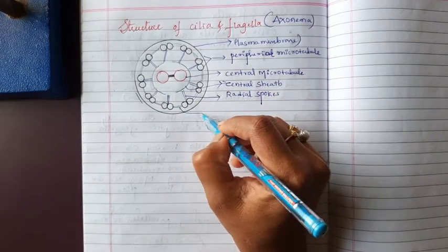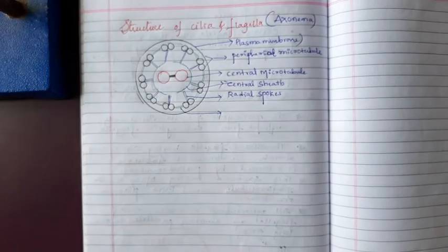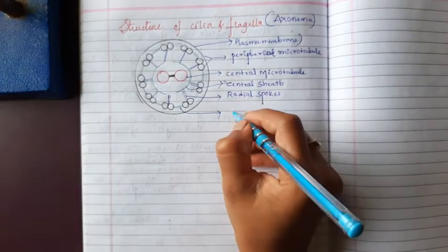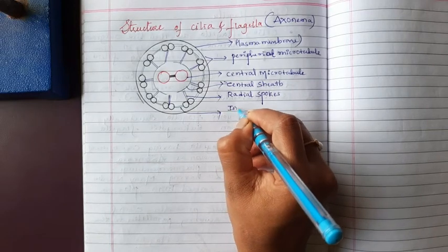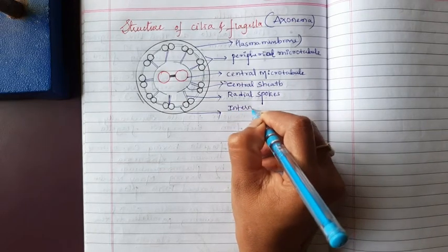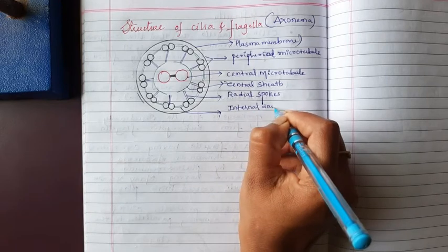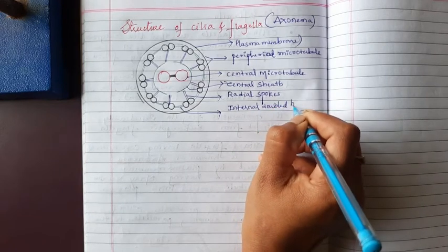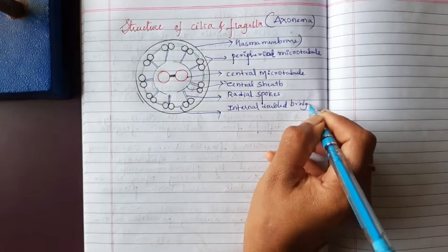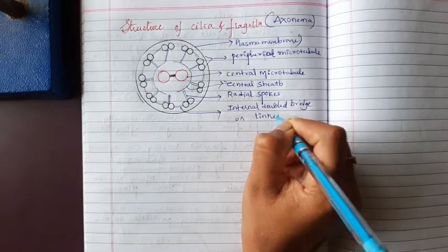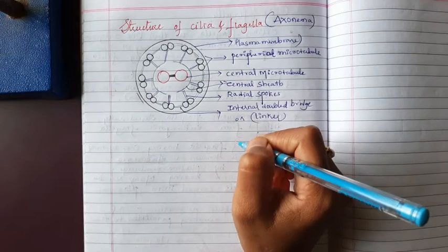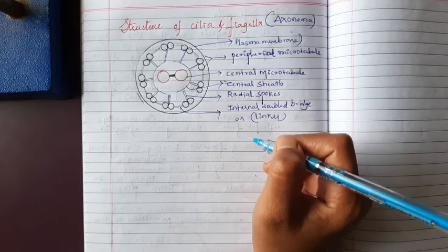Each peripheral microtubule is connected with the others by the internal double bridge, or linker. This is the structure of the axoneme.